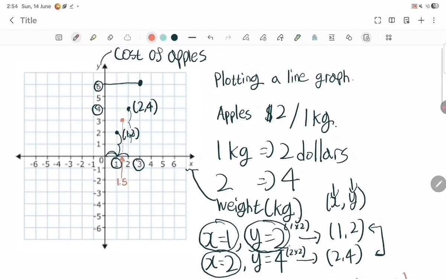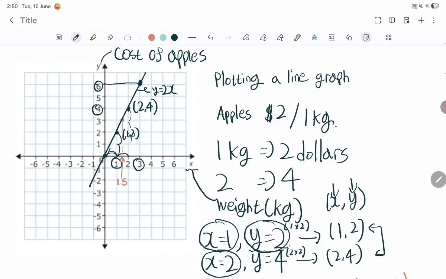What about 1.1, 1.7, 2.1, and so on? If you connect all these points, that's how we get y equals 2x. Take a look.